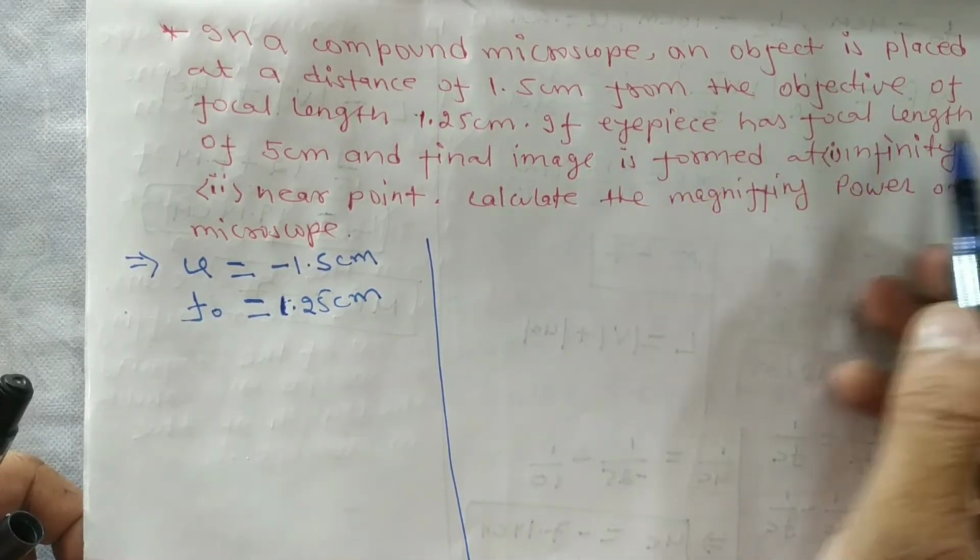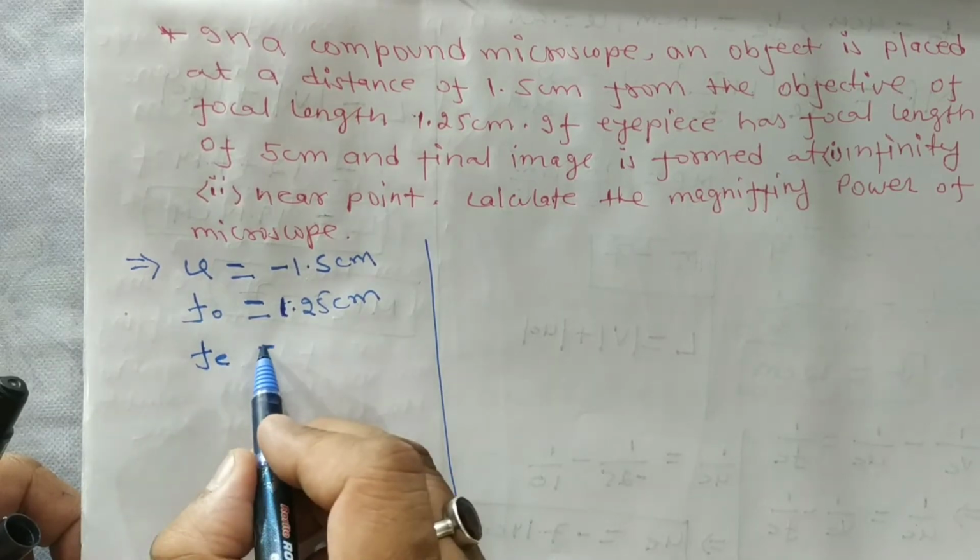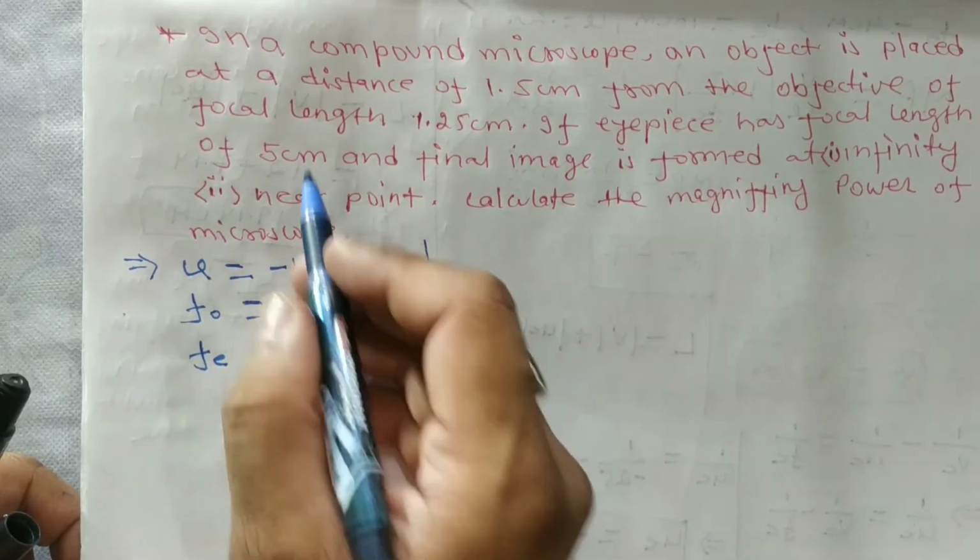If eyepiece has focal length 5 centimeter, that is fe is 5 centimeter.